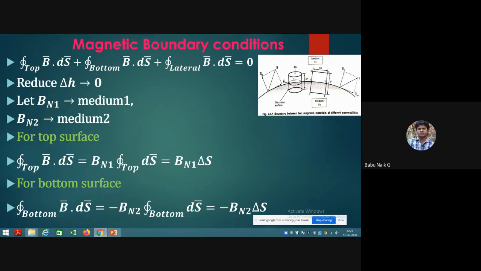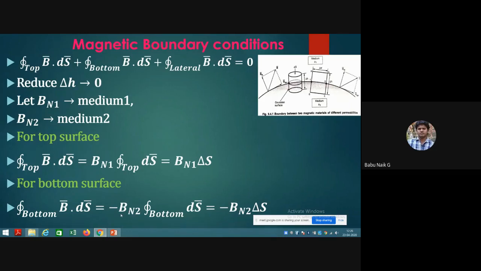Before, when we calculated the normal on the top surface, Bn1 is in this direction and Bn2 is in this direction. Now Bn2 is opposite to Bn1, so I have taken the magnetic flux density as minus, because it is opposite.